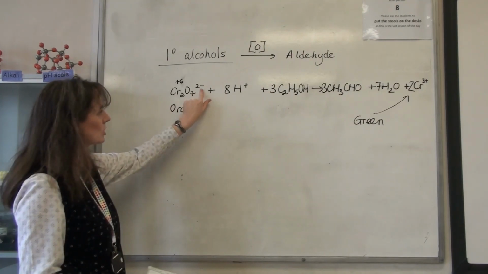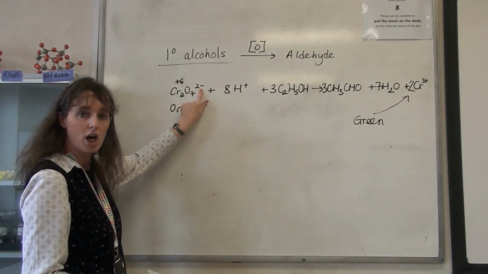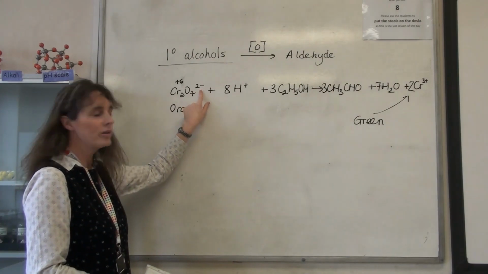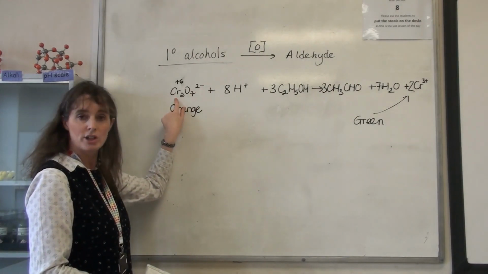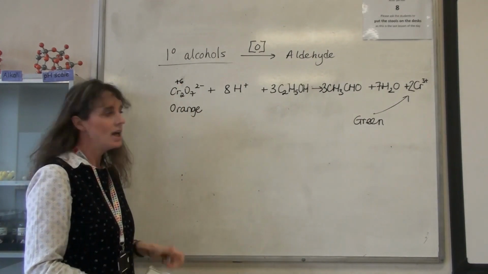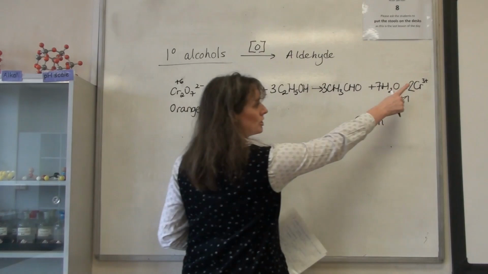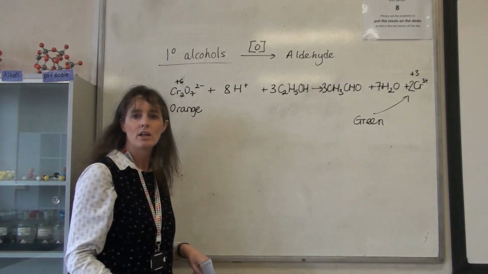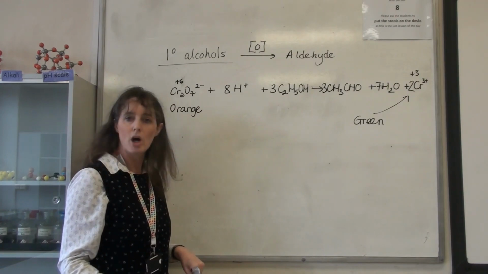You can see it's got to come out with an overall charge of 2 minus, which leaves us +12 for the chromiums, and there are 2 of them. So each of them is +6. And that is going to the oxidation state of +3 for the chromium ion.